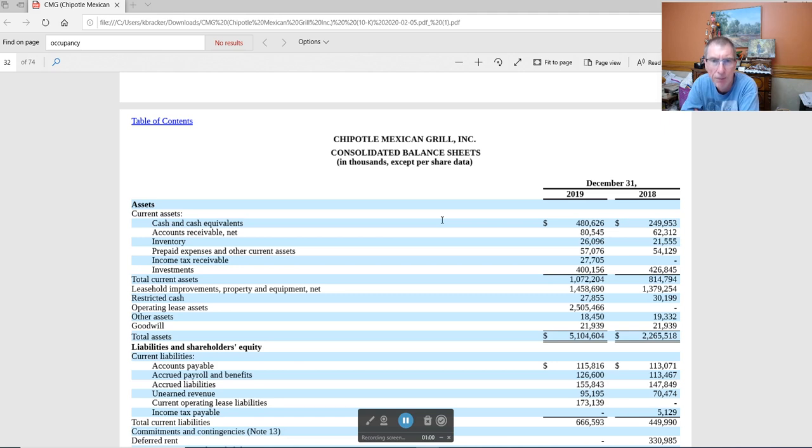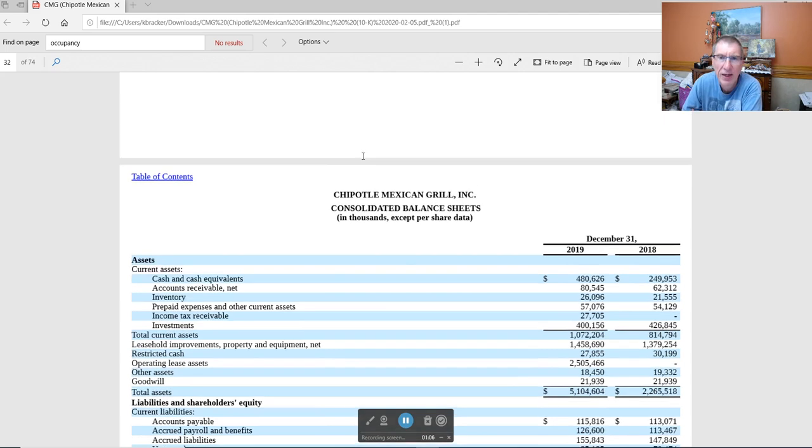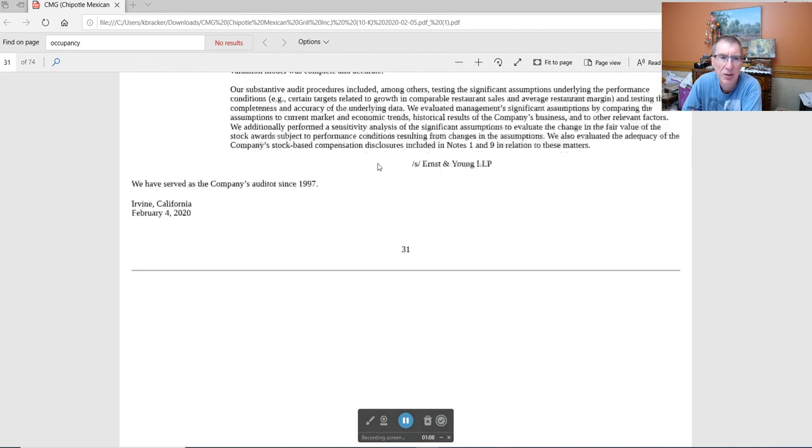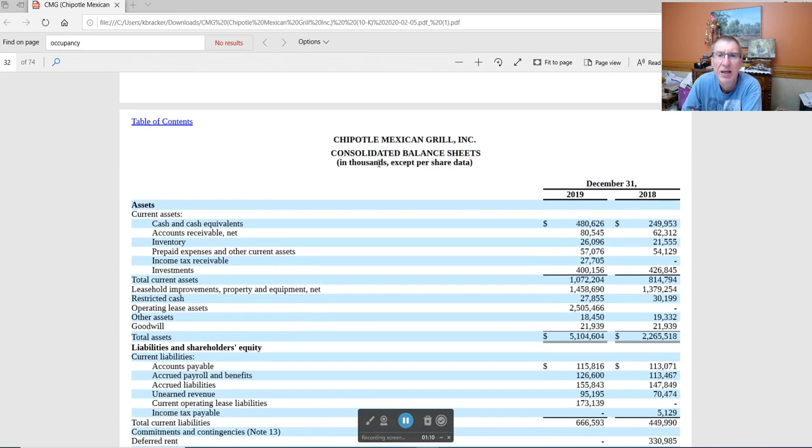So here we have Chipotle Mexican Grill, and the first financial statement you'll see, as you can see, there's nothing above there, is the balance sheet. Now, one thing that I find somewhat interesting and a little bit disappointing on the balance sheet is that typically the financial statements show 3 years of data, except for the balance sheet, which shows 2 years of data.